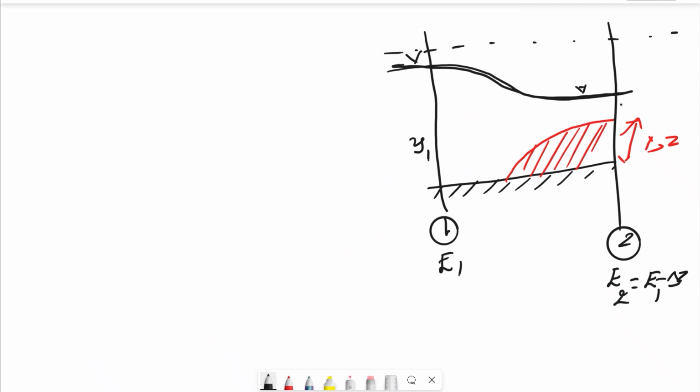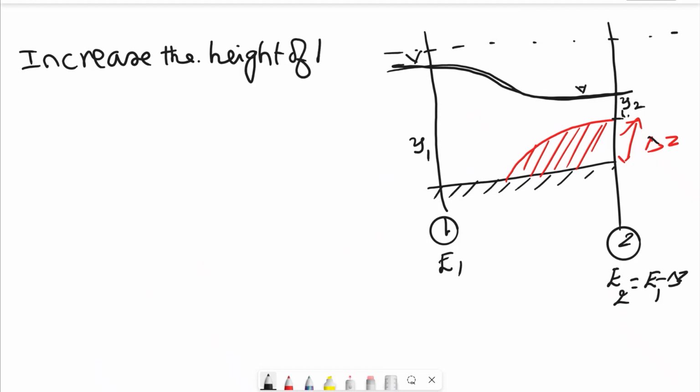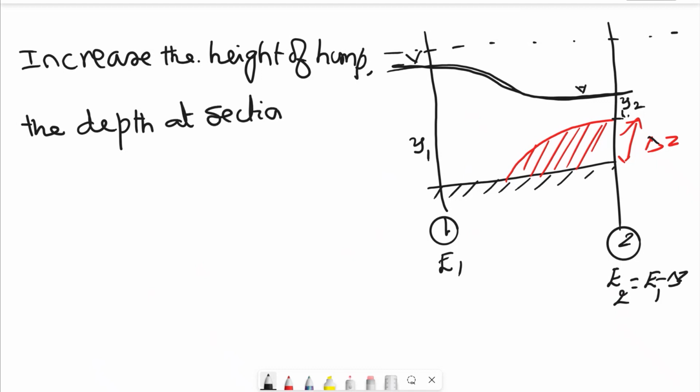Then this is Y2. Now, if you increase the height of the hump, the depth at section 2 decreases.